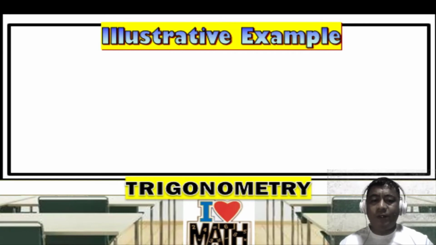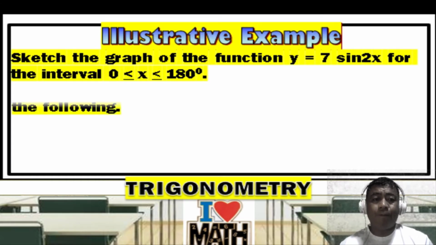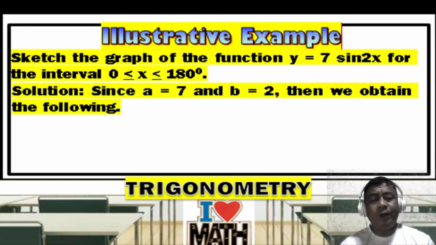Consider an illustrative example. Sketch the graph of the function y equals 7 sine 2x for the interval x is greater than or equal to 0 but less than or equal to 180 degrees. Solution.